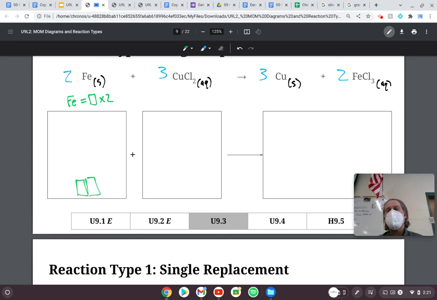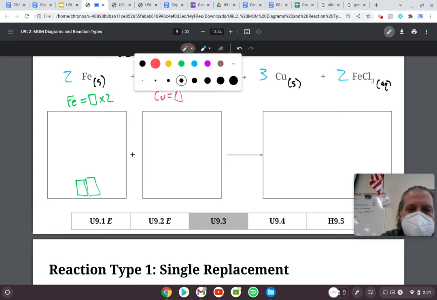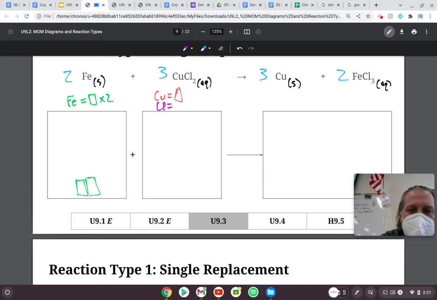All right, now, next thing. I've got Cu. So I'm going to say that Cu I'm going to represent as, I don't know, a triangle. And Cl I'm going to represent as a circle. I have 2 Cl's here in the formula, so it's Cl times 2.